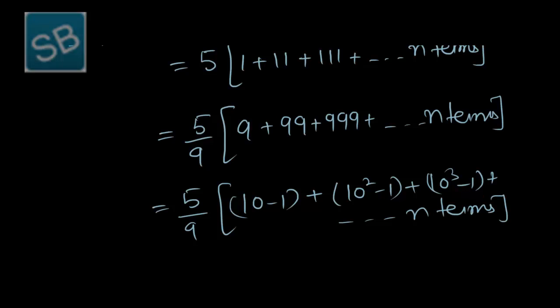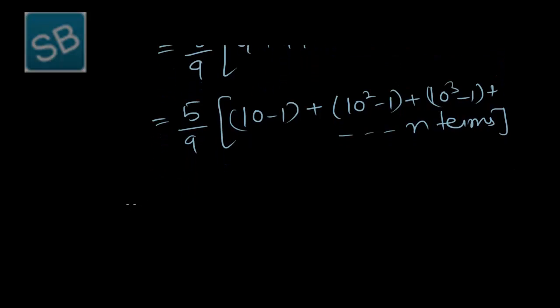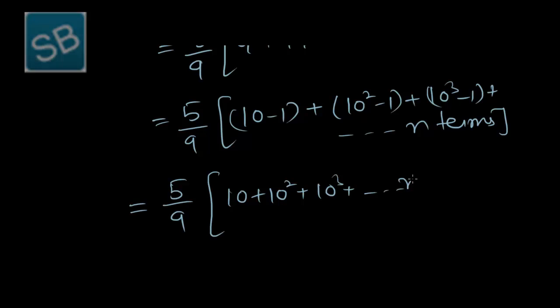So you can see we make the series in the form of powers of 10. It becomes easy to solve. So the series becomes (10 + 10² + 10³ + ... up to n terms) and minus 1 up to n terms.